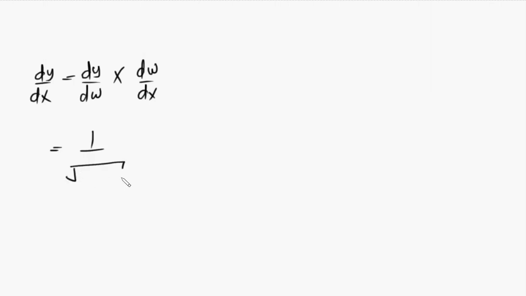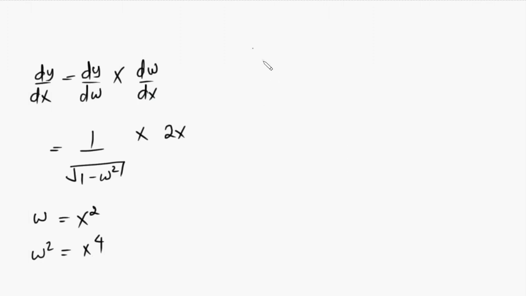So now, my dy/dx, we said, is dy/dw times dw/dx. So dy/dw is 1 over the square root of 1 minus w squared, times dw/dx, which we said is 2x. But what was w? w is equal to x squared. So w squared is equal to x power 4.